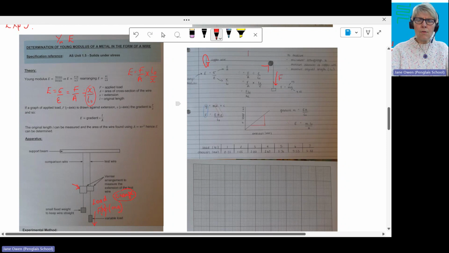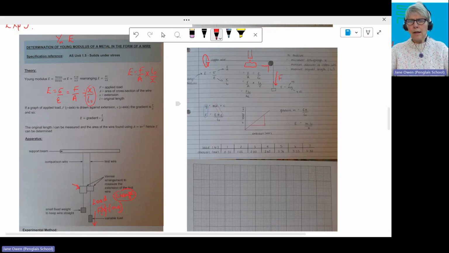And we used a travelling microscope to read off the vernier scale. We put a little bit of a Tipex mark on the copper wire, took the reading, put 1 newton on just to make sure it was all straight, and then put another newton on. The difference in the vernier reading was the extension when you apply a load.